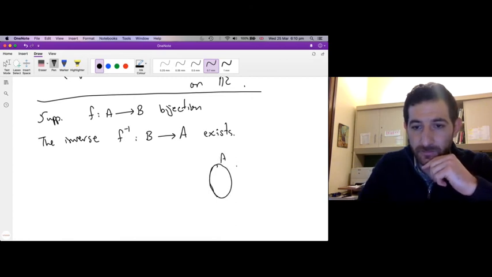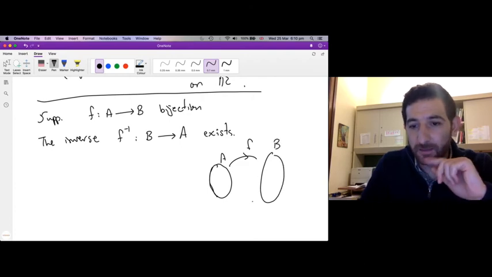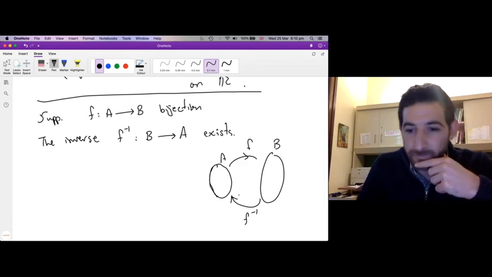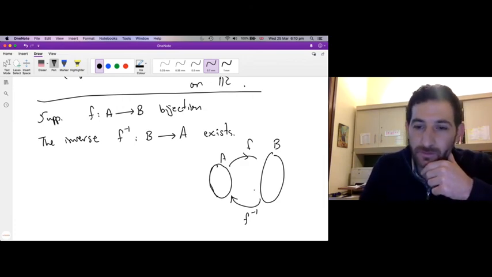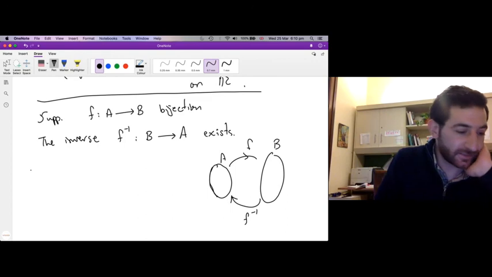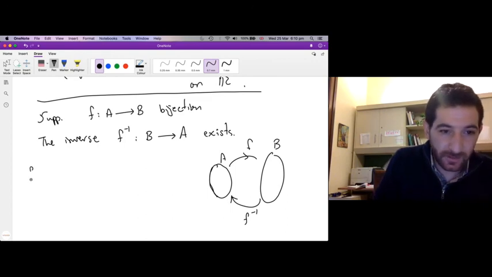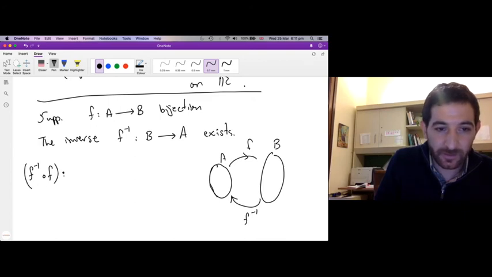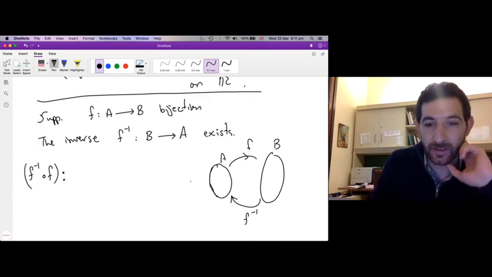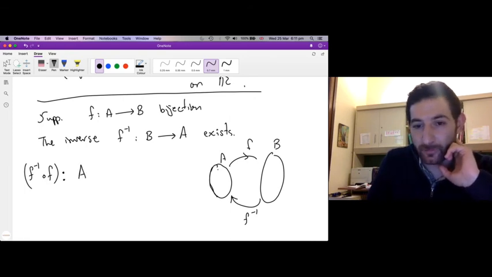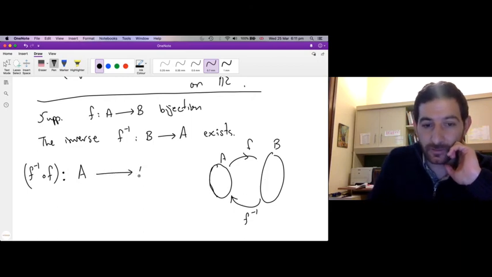So here is the picture. We have A, we apply f to B, and then you apply f inverse again from B to A. So let's compose f inverse composed with f. This will be a function. First apply f, so the domain is A. To apply f, we need to start from A, and then apply f inverse, so you will end at A as well.